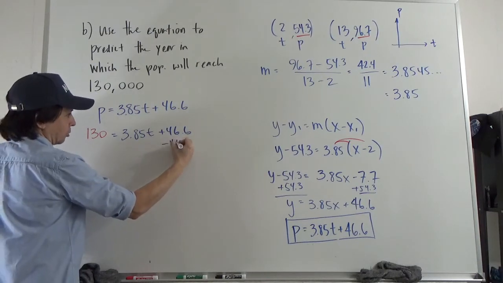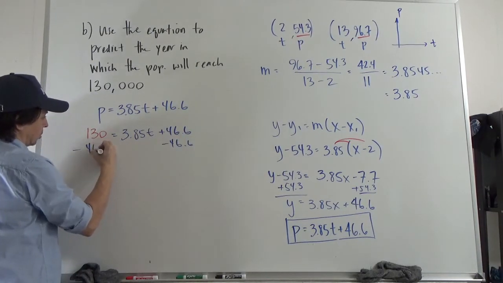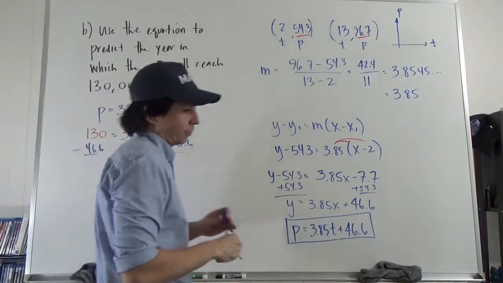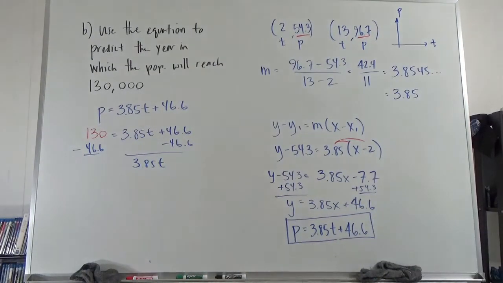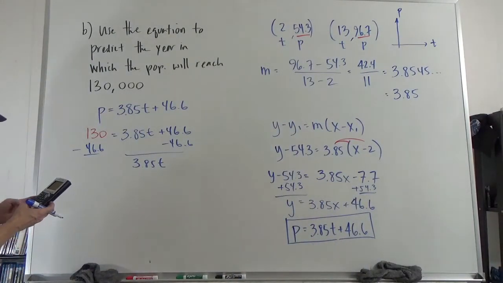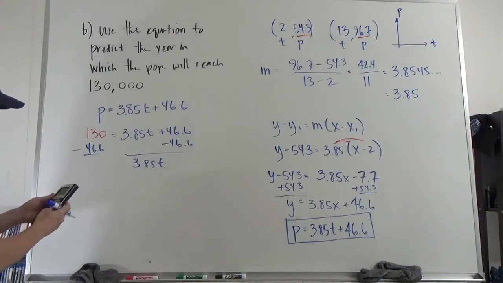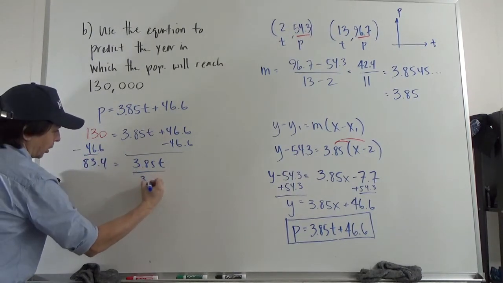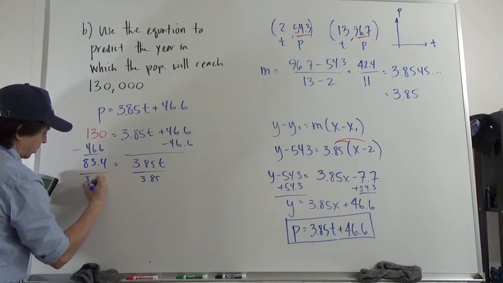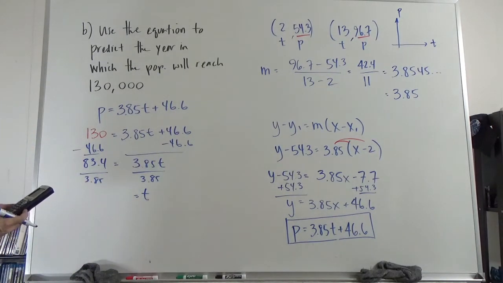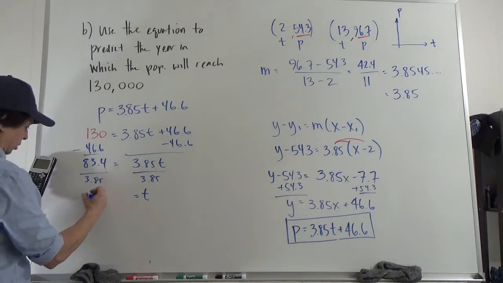I'm going to subtract 46.6. $83.4. I'm going to divide by 3.85. 21.66.